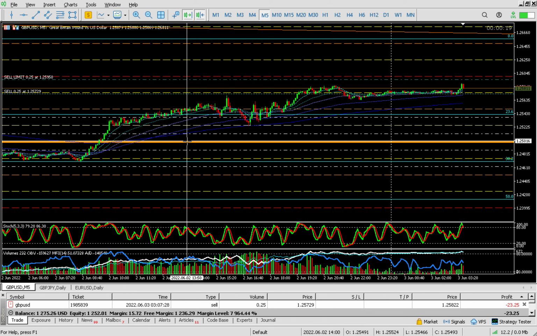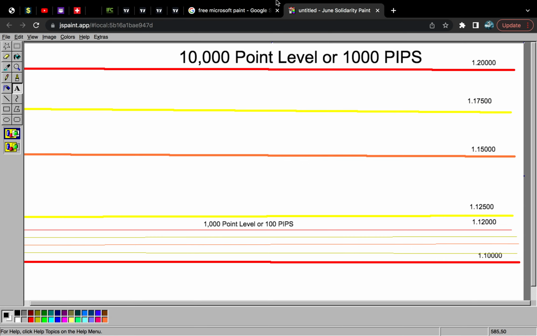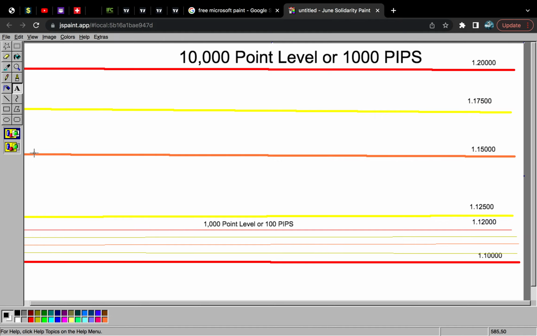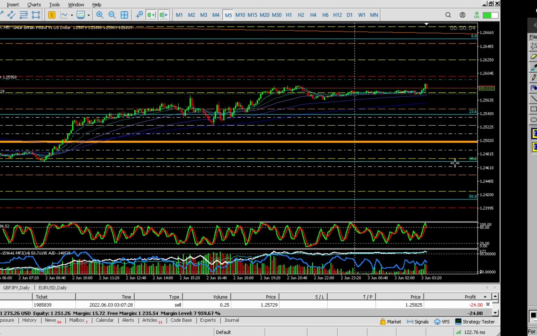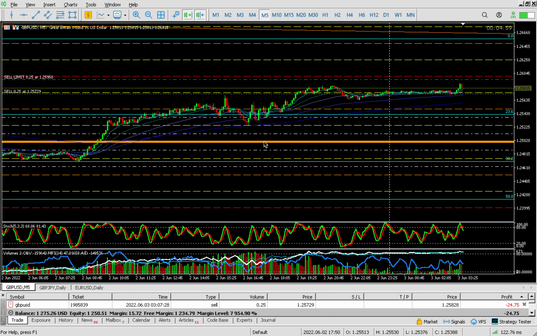So the reason that this is orange is because on the high 10,000 level, it's this orange, right? So that takes priority. The high time frame takes priority. So that's why this is not red. But if we were not using the high time frame quarter levels, then this would just be red, right?